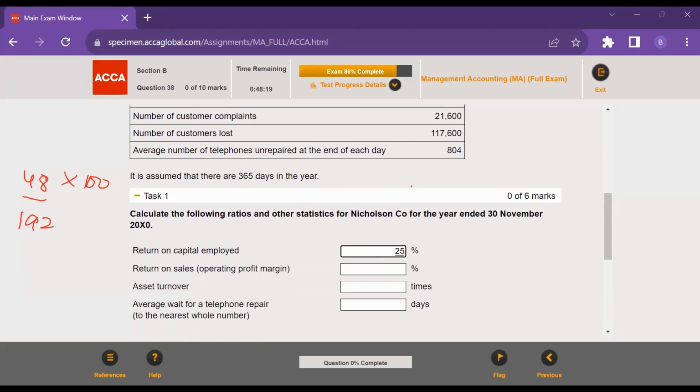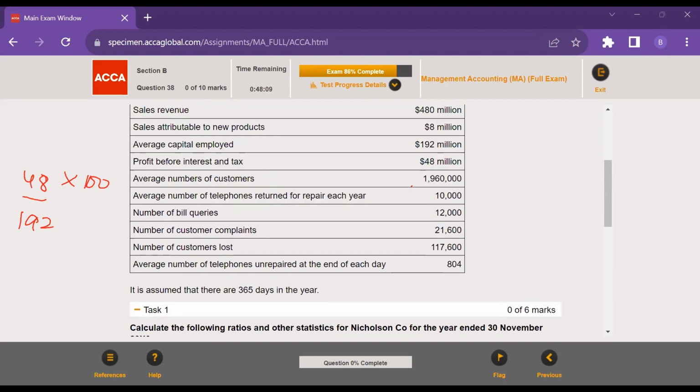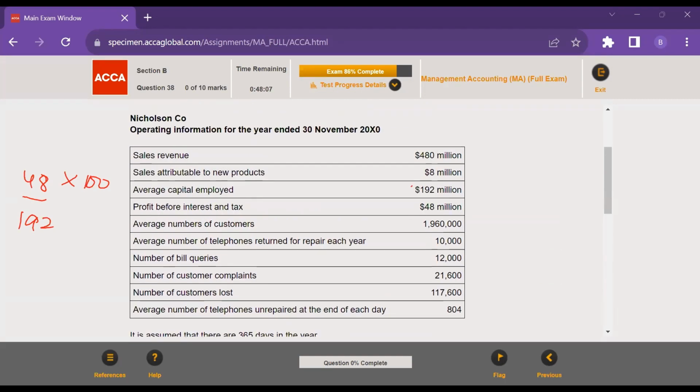Now moving on to return on sales, we have to find out the operating profit margin. So let's work out that. The formula that we'll be using again is PBIT divided by your sales revenue. The PBIT that you have is 48, and then you divide that by your sales revenue, which is 480.